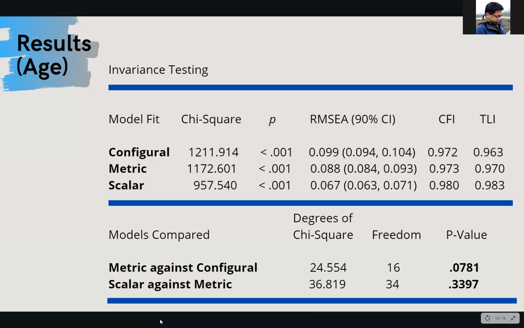Having demonstrated that the fit did not significantly decrease when we further constrained our model, we then looked at the results of the individual model fit for each of the three steps for invariance testing. Again, CFI and TLI values were above the threshold, with the RMSEA values considered acceptable.